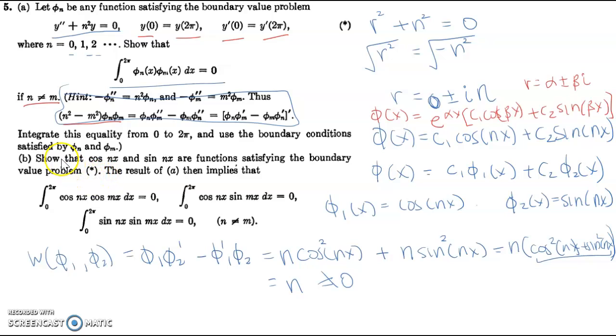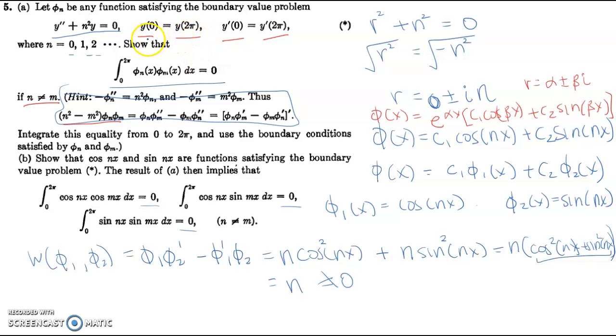Alright, so showing part B is easier. Part A was the proving, which was the harder part. Now that we have proved that this is true given such boundaries, as long as the boundaries are sufficient, we know that they are going to equal 0. With the trig functions, especially cosine and sine, because they have a period of 2 pi, we know that cosine of 0 is the same as cosine of 2 pi.